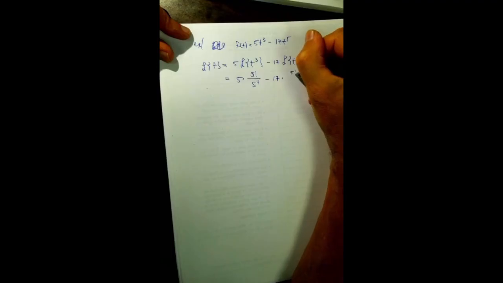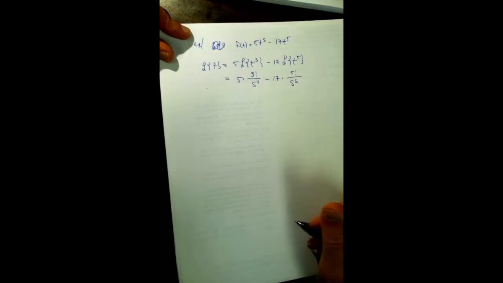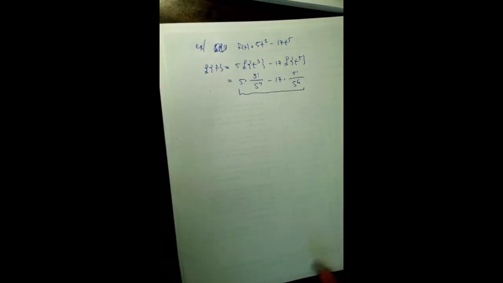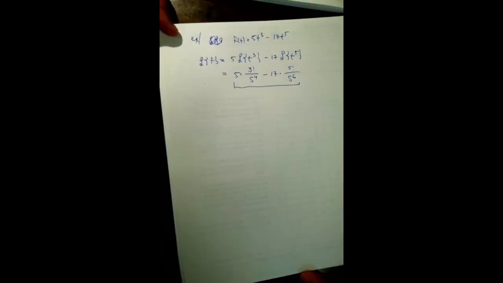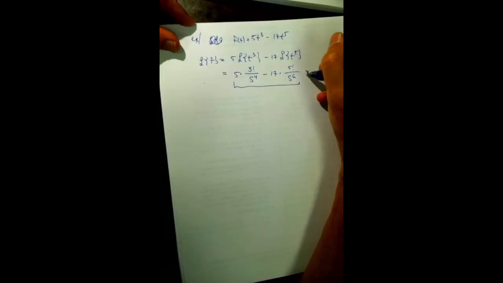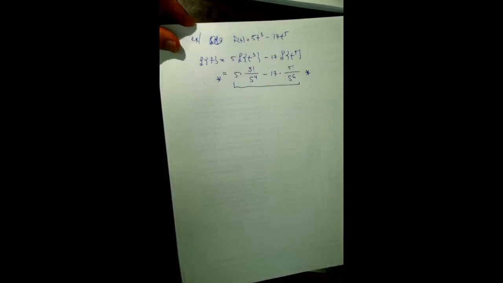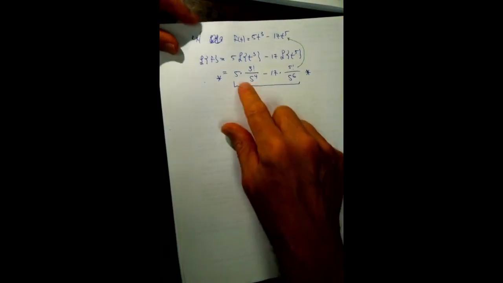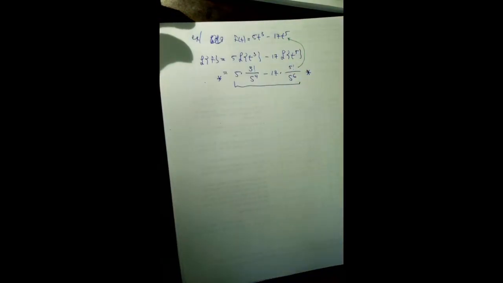And here I'm going to have 5 factorial over s to the sixth. Okay, and it's perfectly fine to leave this in this form. But also recognize that you are expected to be able to go backwards, and if I give you this, you should be able to recognize that it came from that function.